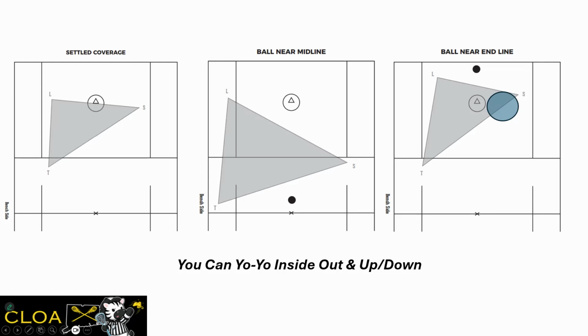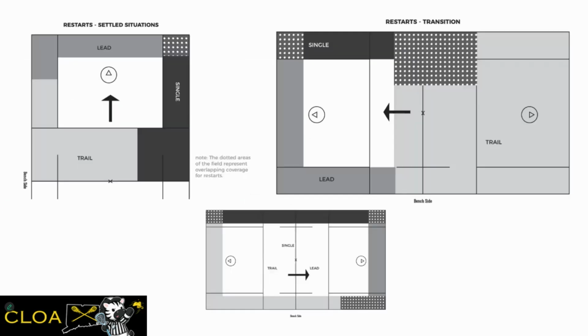They start doubling the ball. The ball is in the corner, right? Lead is following that. There's 2 poles and a helpless attackman. Attackman decides to chuck it. Kid catches and scores. Lead is all the way by the pylon. Single can come in, blow the goal, and not wait for the lead to come up 15 seconds later as he's huffing and puffing. So just simple things. Lead's still responsible, but single can help in a lot of areas.